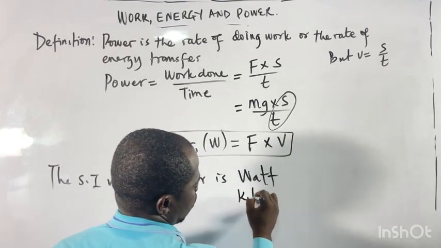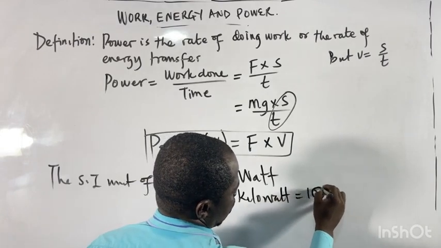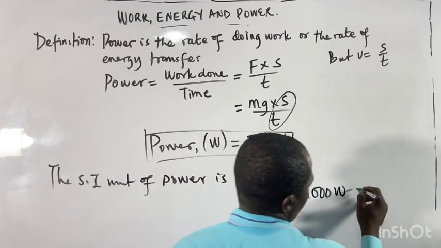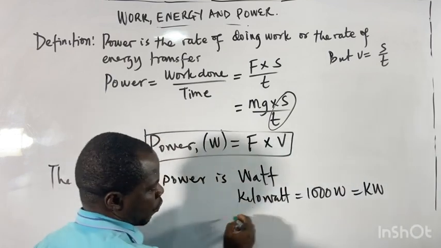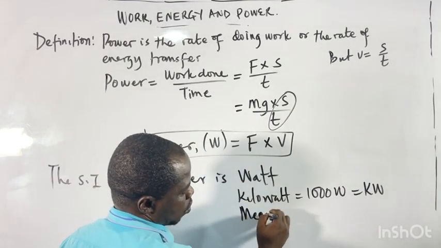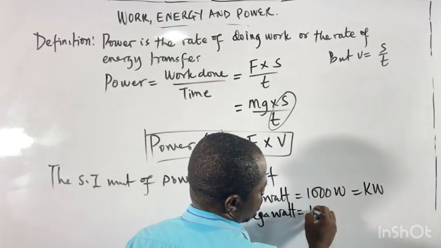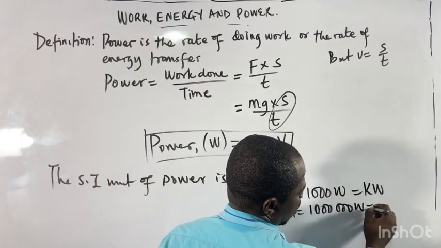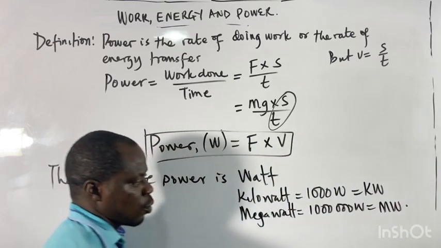We can have kilowatts, which is 1000 watts. We have also megawatts, which is 1,000,000 watts, as the case may be.